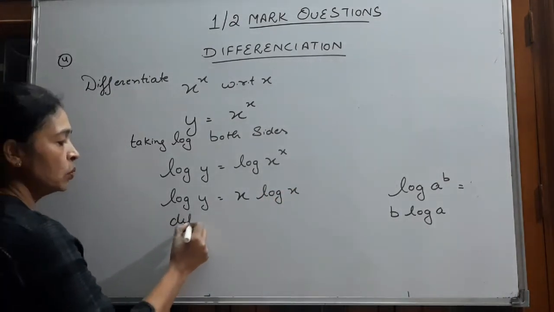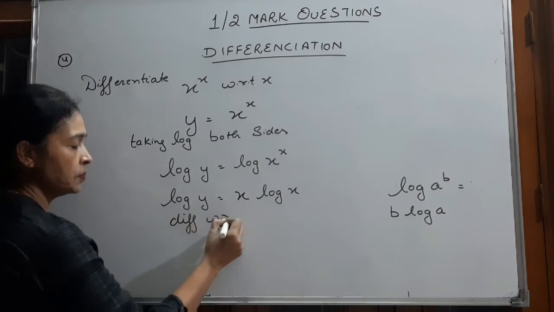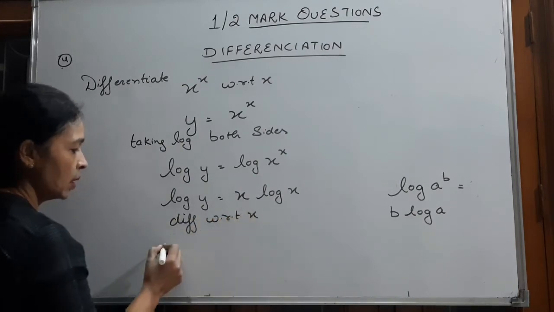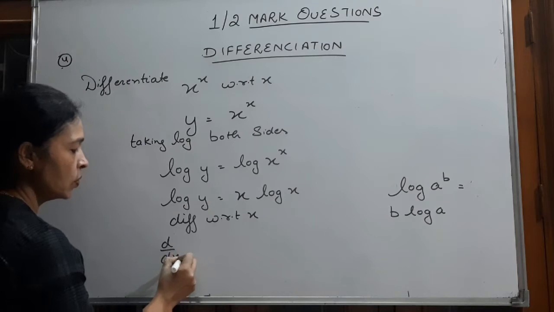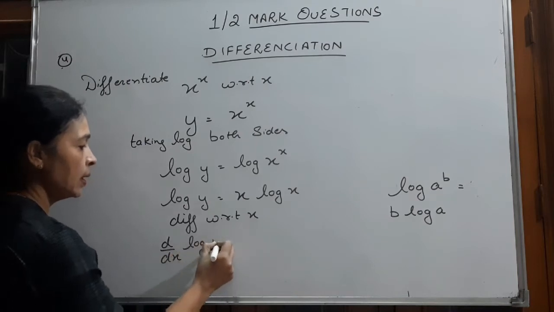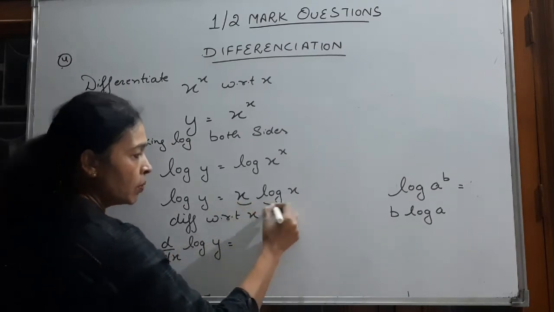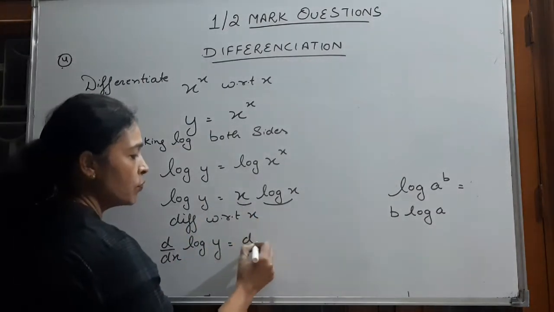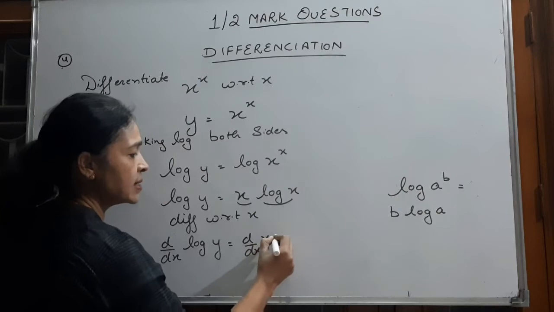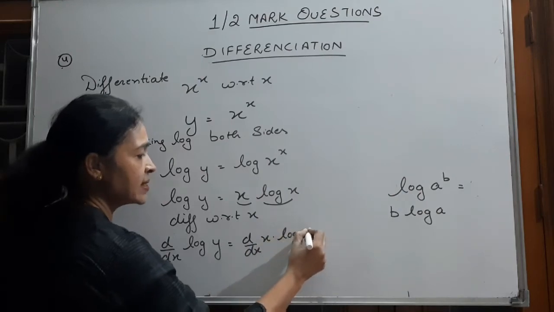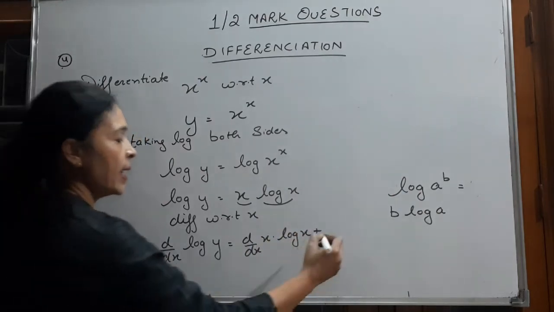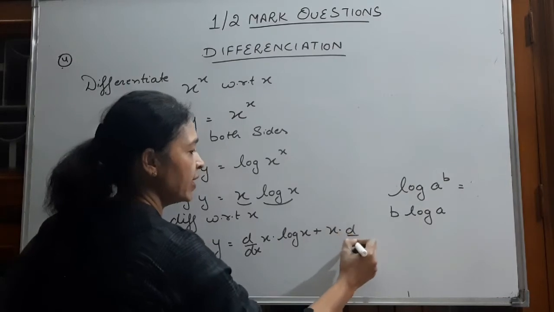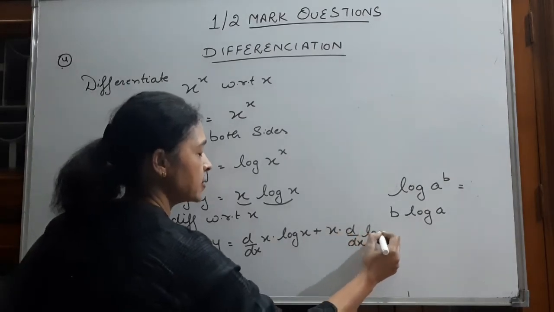Differentiate with respect to x. d upon dx of log y equals, we will use the product rule, derivative of the first, that is x, into log x as it is, plus x as it is into the derivative of log x.